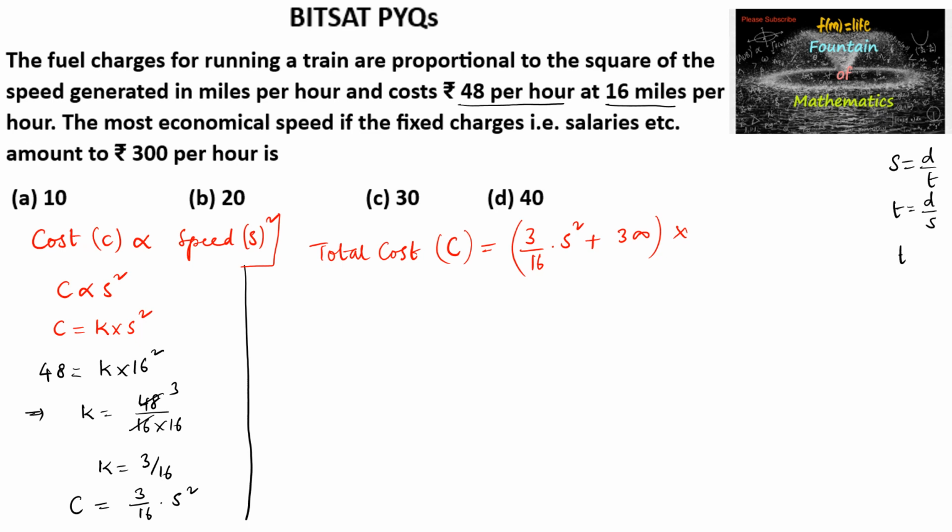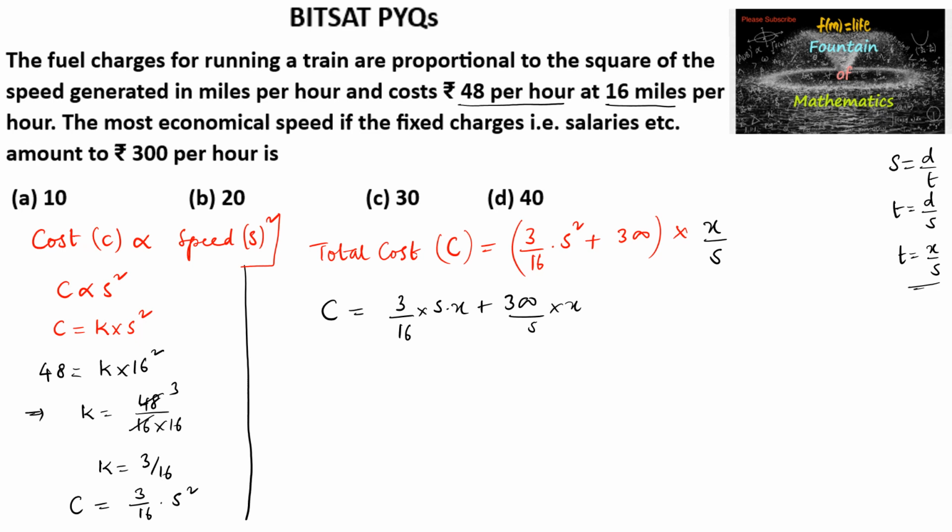Let us assume the distance to be x, so time is x upon s. So we can write C is equal to 3 upon 16 into s into x plus 300 upon s into x.